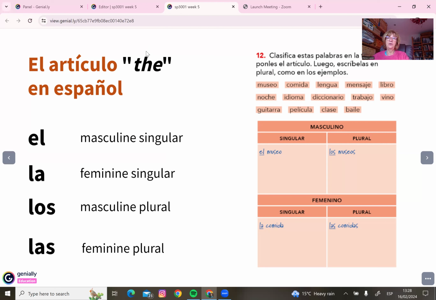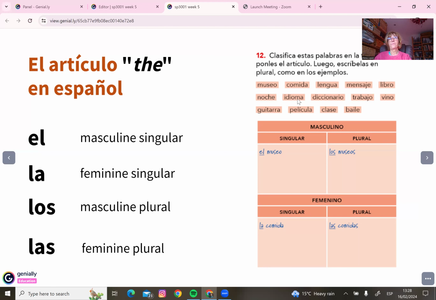If you want, you can do a little bit of practice making these words here in the masculine form, singular and plural, and in the feminine form, singular and plural. Por ejemplo, el museo, los museos. La comida, las comidas. La lengua, las lenguas. El mensaje, los mensajes. AJE, we saw last week, is a masculine ending. El libro, los libros. La noche, las noches.